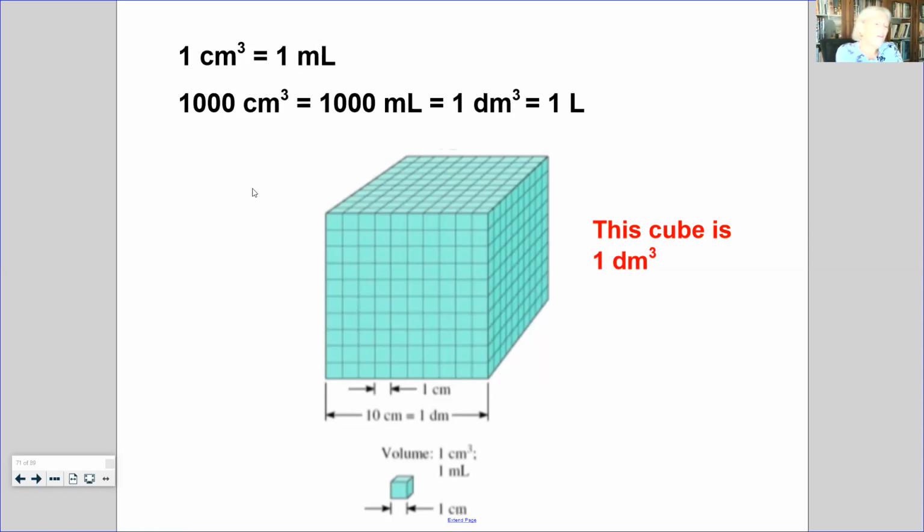So you tell me how many sig figs are in the number 1 centimeter or in the number 1 milliliter. And I hope you're comfortable with saying infinite. Now, we can scale up that equality and say that 1,000 cubic centimeters equals 1,000 milliliters equals 1 liter or 1 decimeter cubed. Get comfortable with this because you need to use this when you do dimensional analysis.